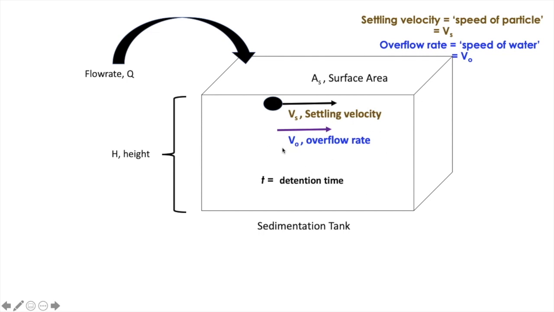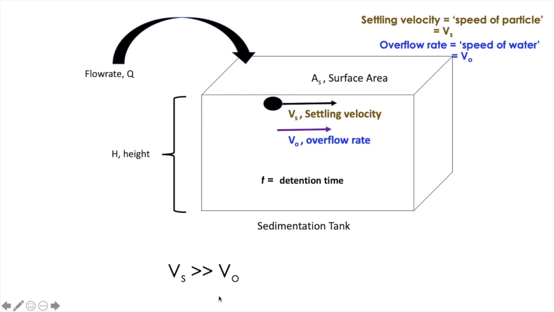Speed of particles? Okay, everyone seems to be saying the same thing. Is that right? Yes. So the answer is yes. The speed of the particles has to be very, very fast compared to the speed of water, or the overflow rate.